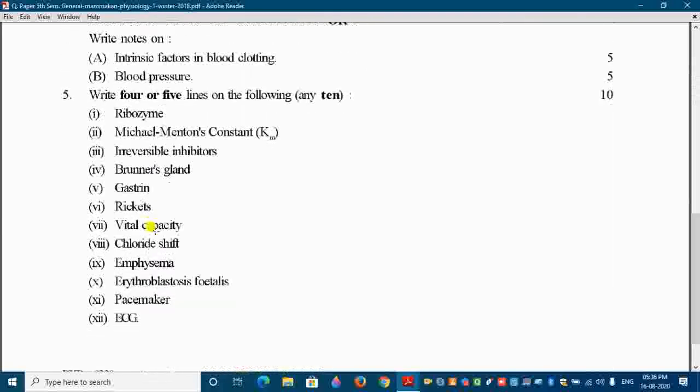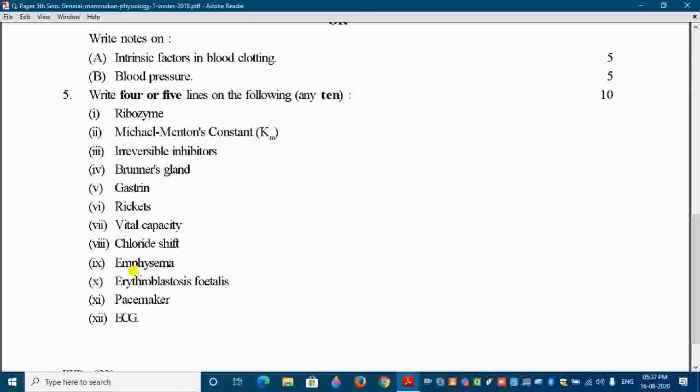Then the last question, question number 5, is for 10 marks, and a total of 12 very short questions can be asked. You have to write the answers to these questions in only 4 to 5 lines, and you can solve any 10 questions out of 12 questions, and each question carries 1 mark.